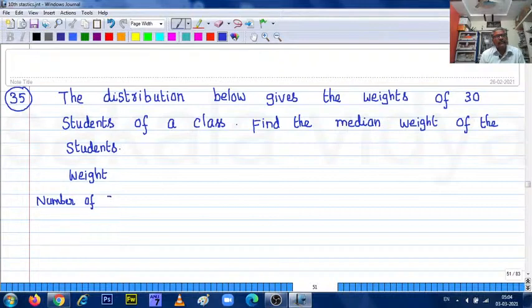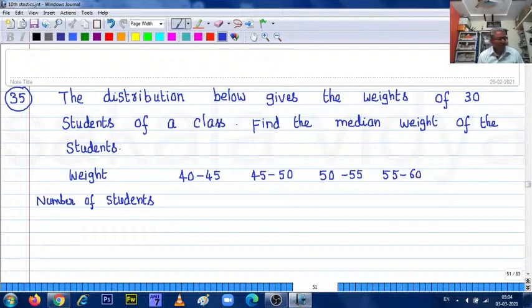The weights are 40 to 45, 45 to 50, 50 to 55, 55 to 60, 60 to 65, 65 to 70, 70 to 75.